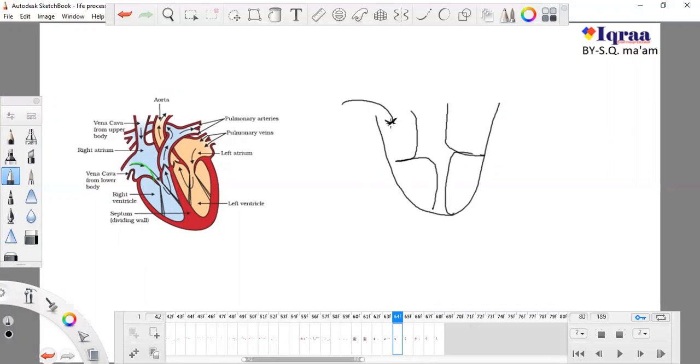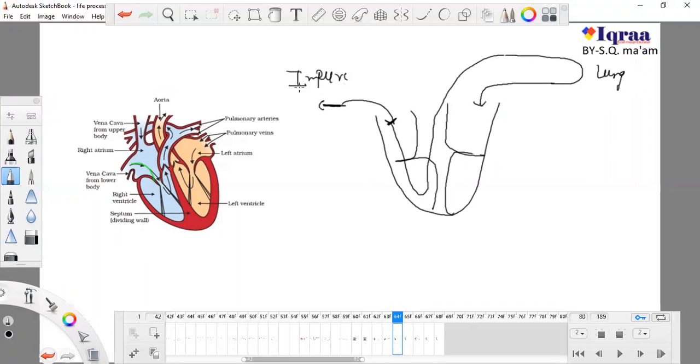Okay, and after leaving the heart to get purified, again it is taking a circle. Okay, it goes to the lung, and it is coming inside again. So at this time the impure blood is coming inside our heart, and at this time the pure blood is coming inside our heart, because it goes to the lung to make it purified.